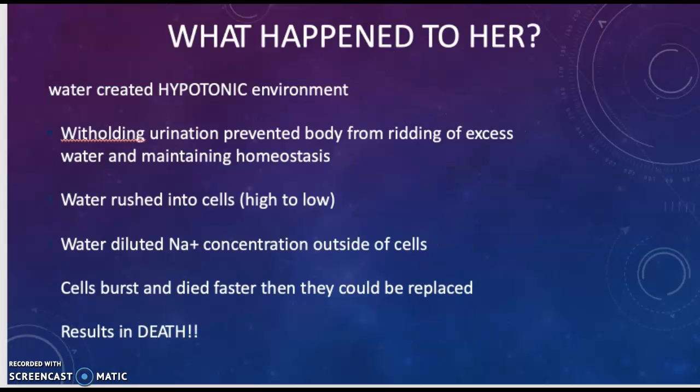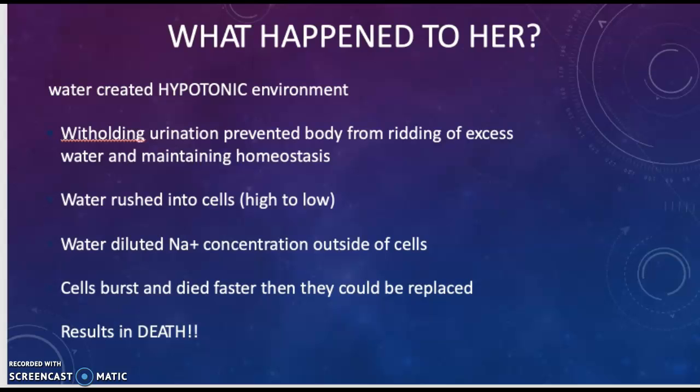So what happened was her cells ended up being immersed in a hypotonic environment where the solute was low and the water was high. Because she couldn't pee, her body couldn't get rid of the excess water, maintaining homeostasis. The water rushed into her cells, going from high to low. The water diluted the sodium, and the cells burst.